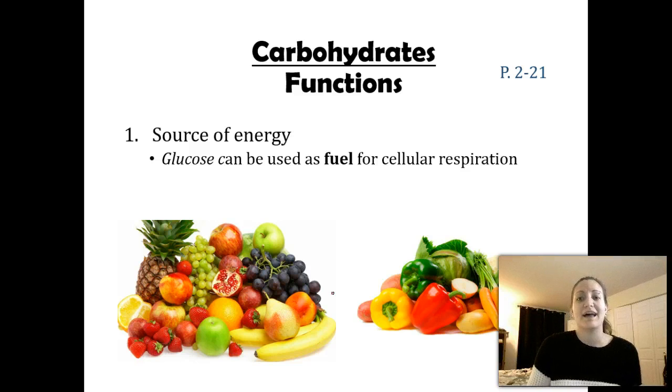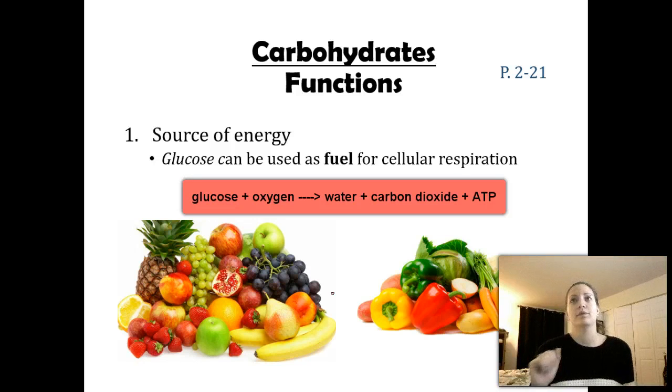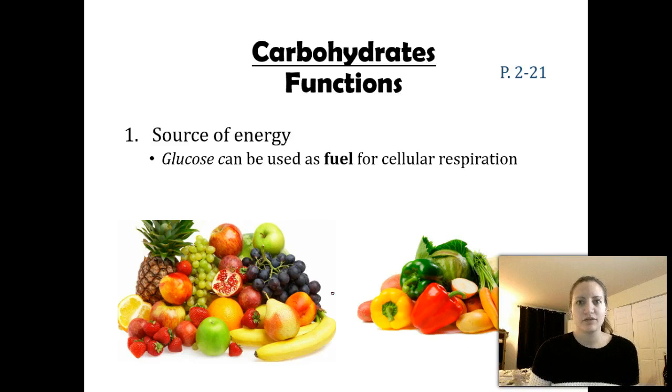We need energy in that ATP form. So we take glucose plus some oxygen, that's what we're inhaling, and then our body processes that and releases water, carbon dioxide, which we exhale, and also ATP energy, because we can't use glucose directly, but we can use ATP. So again, major function of carbohydrates, energy.